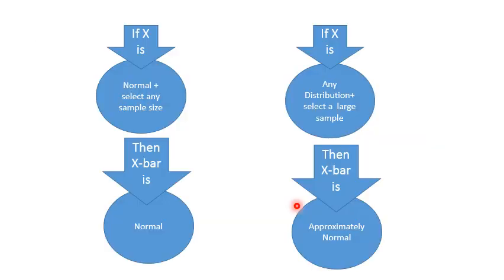Okay, so as we said before, if X is normal and you select any sample size from this normal population, then X bar is normal regardless of the sample size. However, if X has any other distribution than the normal distribution, and you are selecting large samples from this population, then the distribution of X bar is approximately normal.